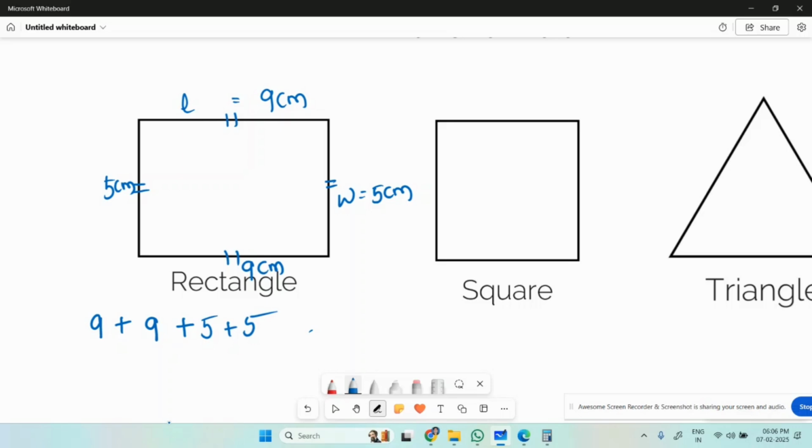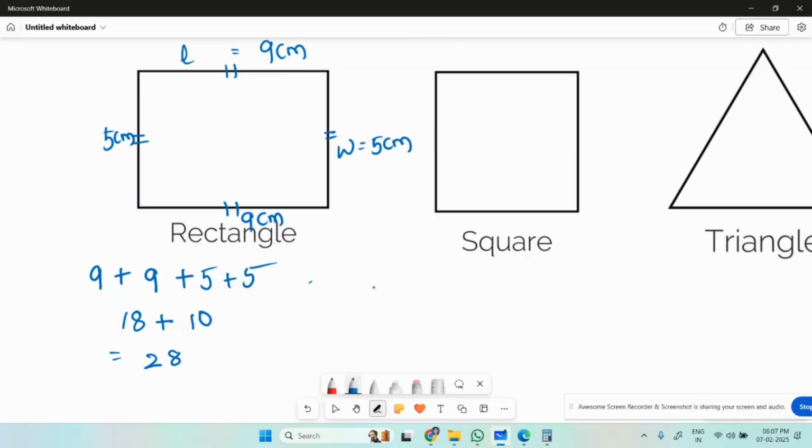So 9 plus 9, two times we are adding 9, which is 18, and 5 plus 5, two times we are adding 5, which is 10. Now 18 plus 10 is 28. The length units and width units are the same, so perimeter units are also the same. The perimeter of the given rectangle is 28 centimeters.